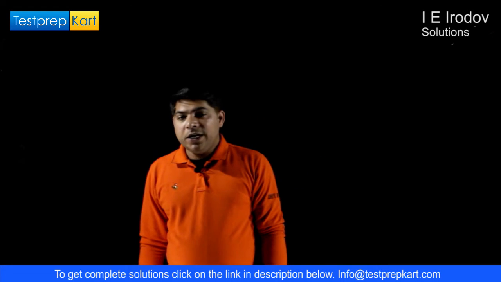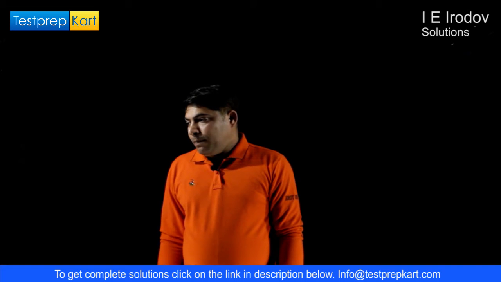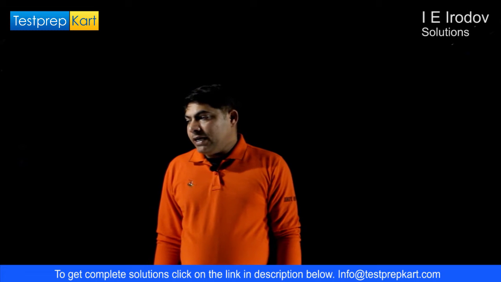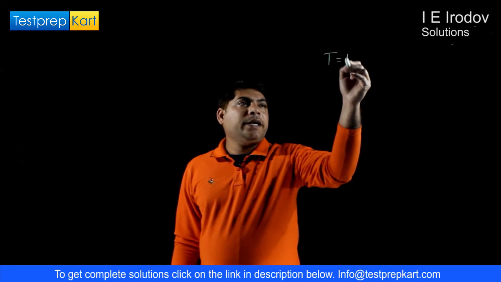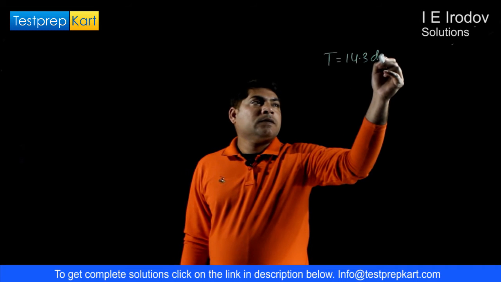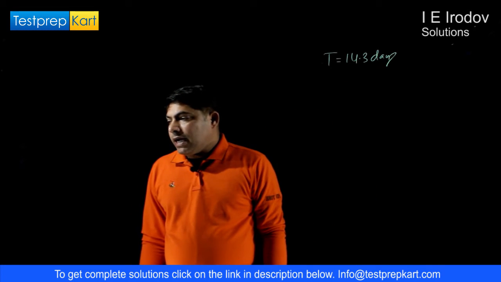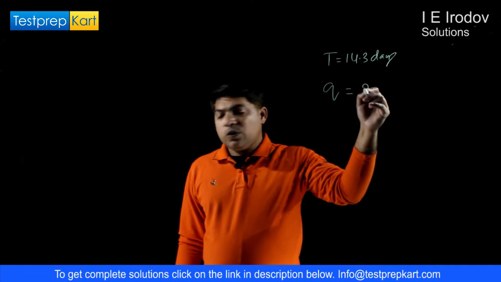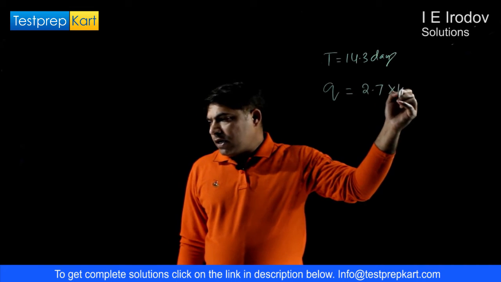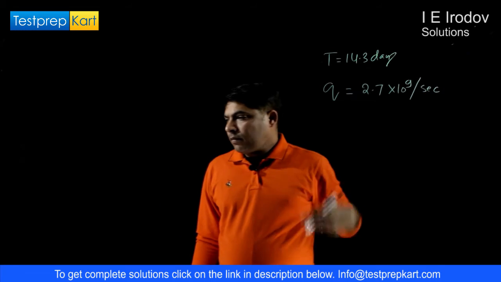Question number 6.228. A P32 radionuclide with half-life T equals 14.3 days is produced in a reactor at a constant rate Q equals 2.7 × 10^9 nuclei per second.